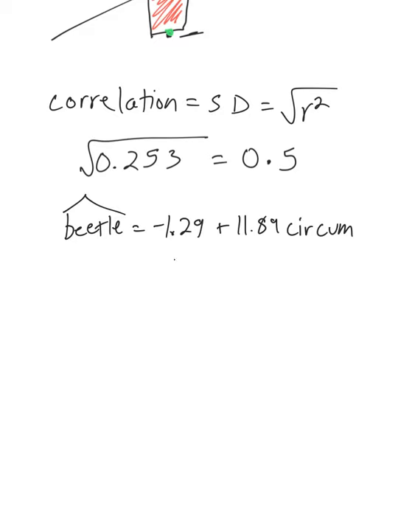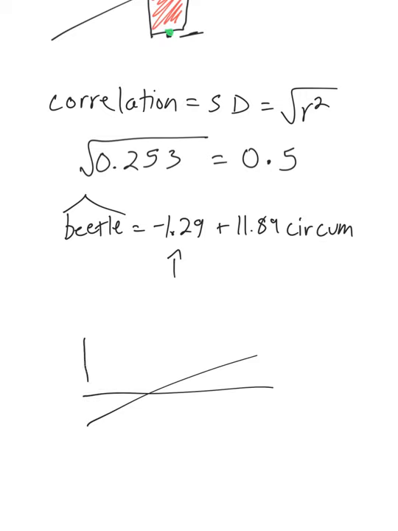Of course, here we do start off with a negative. I want to point this out. We have a negative as our y-intercept. That means that there's a possibility for negative beetles, which cannot happen. So this negative is not really arbitrary in that way.